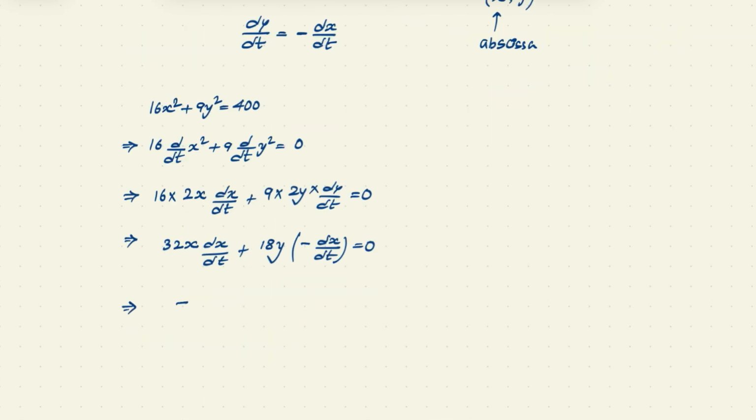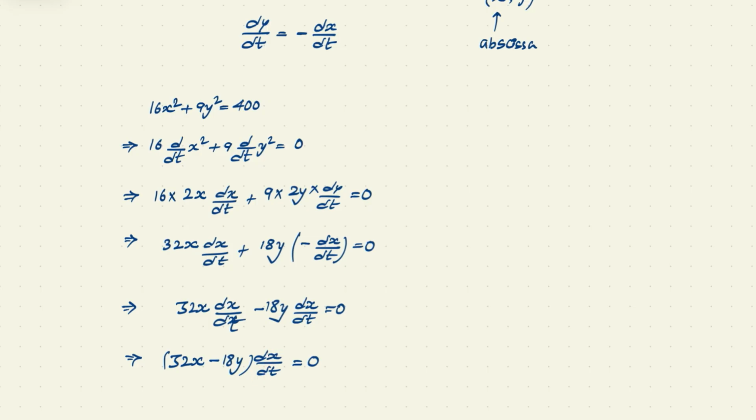This implies 32x dx over dt minus 18y dx over dt equals 0. Let us take dx over dt common, then it will be 32x minus 18y, into dx over dt, equals 0. Now here one thing we have to note: the question is saying that the abscissa is increasing. That means there must be some change, so dx over dt cannot be 0.